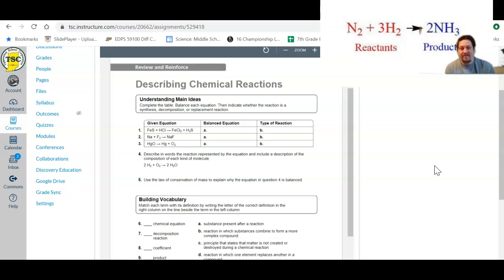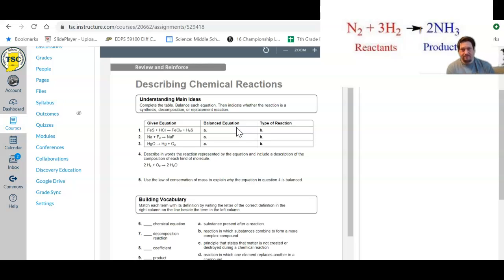I see 1 Fe on both sides. That's good. I see 1 sulfur on each side. We're still good. Hydrogen, 1 on this side, 2 on that side. This is not a balanced equation. So balanced equation, no.